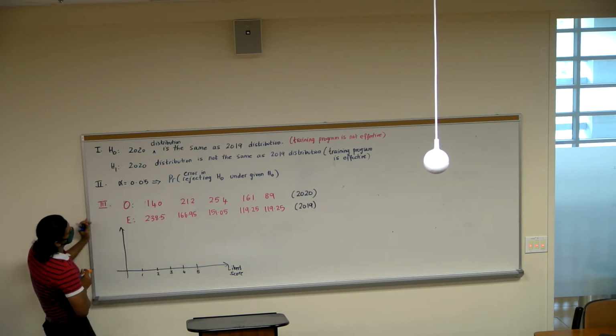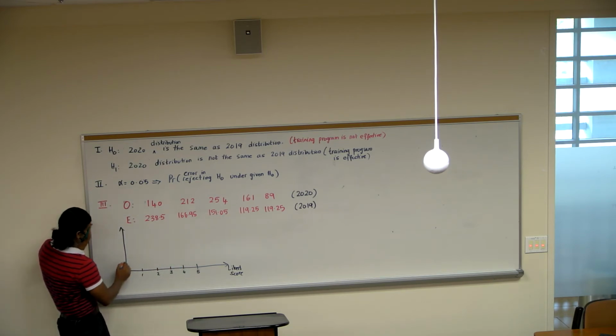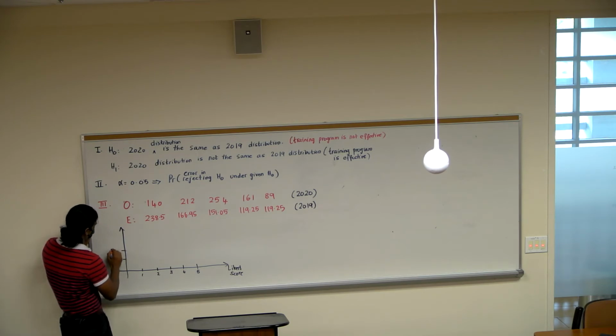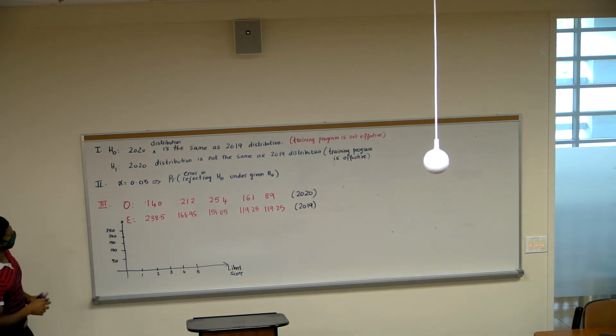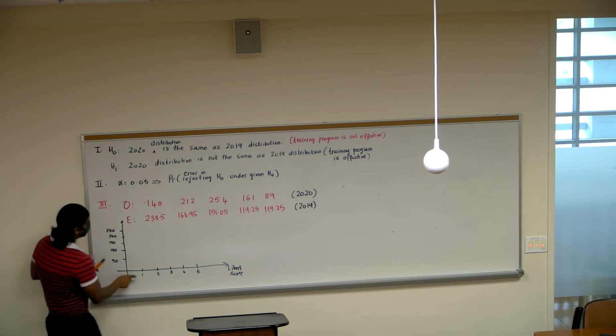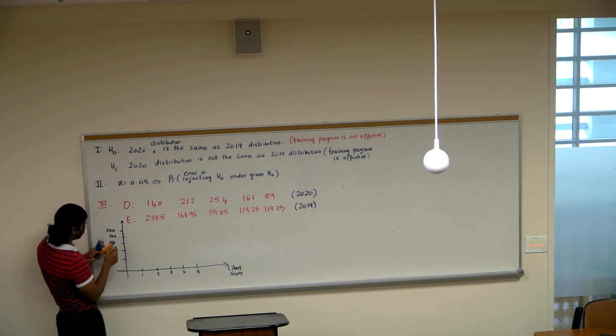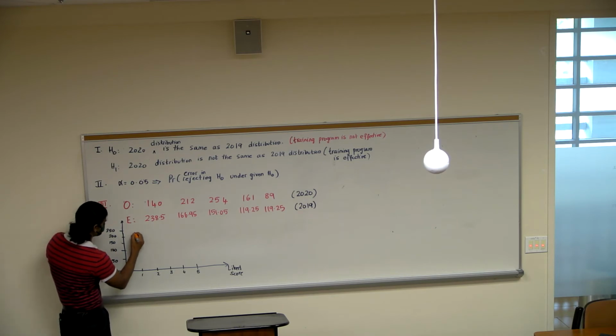So here's all the way up to 238. So, let's do the expected first. The expected for 1 is 238, probably right over there.